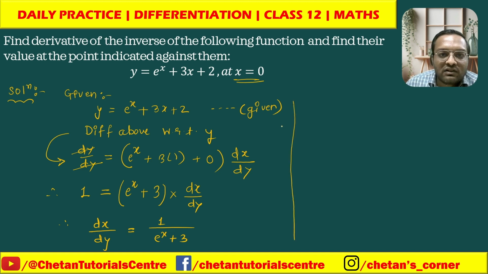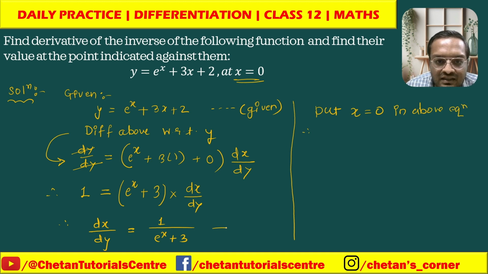Now we have to find derivative of inverse function at the point indicated against it. So the point indicated against this function is x is equal to 0. So I will put x is equal to 0 in above equation. Then what I will get? Above equation means over here. So what I will get?